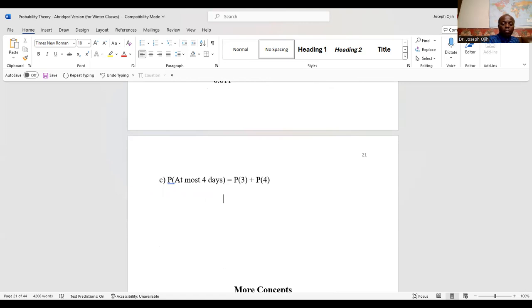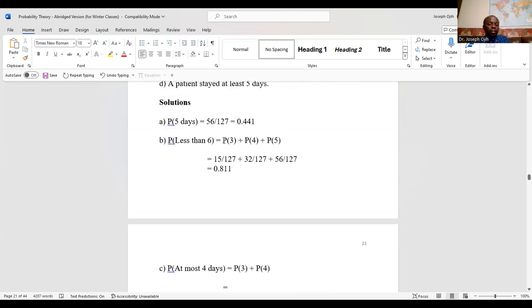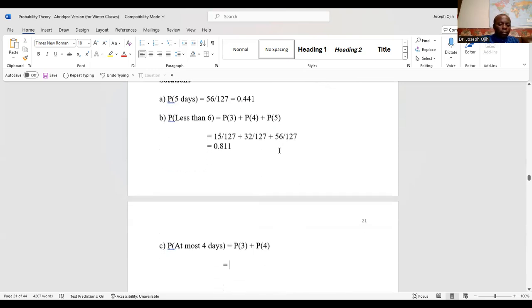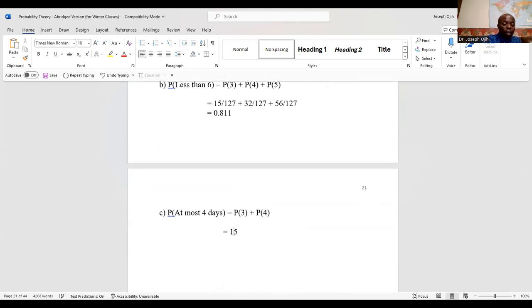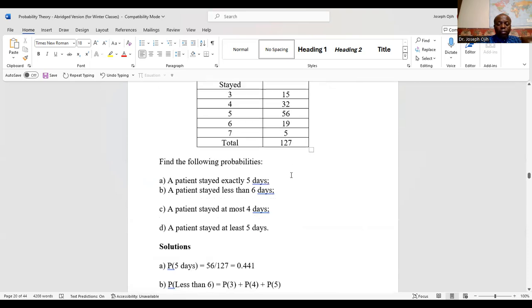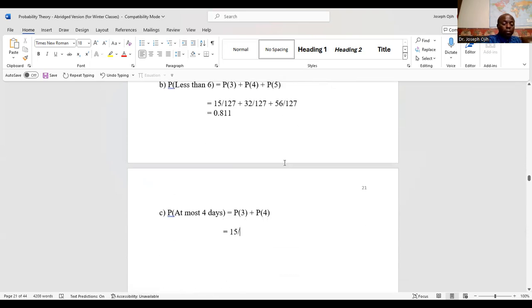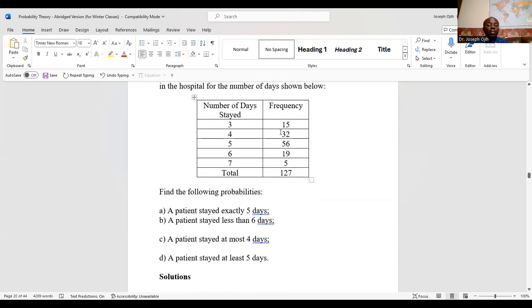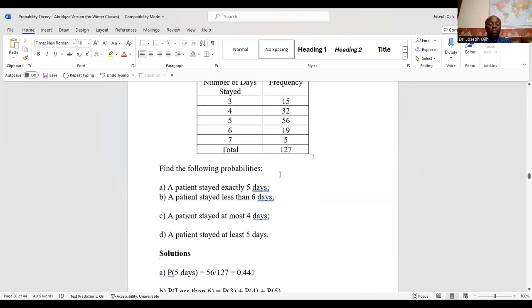For 3, we have 15 over 127, plus for 4, 32 over 127.